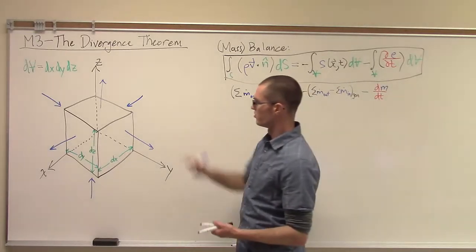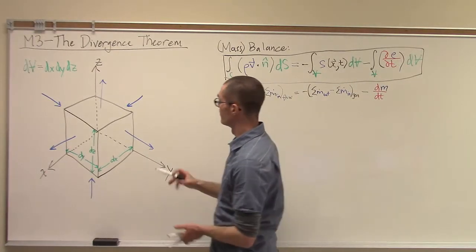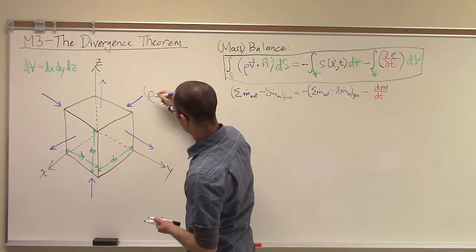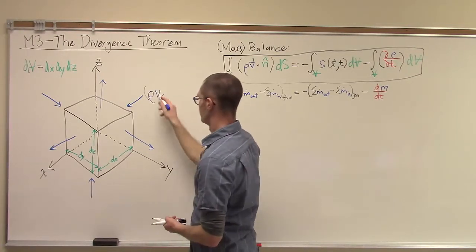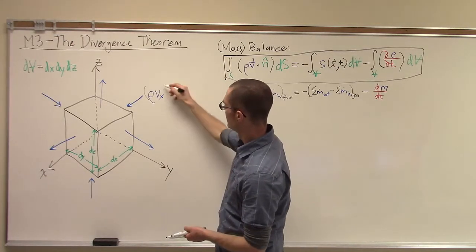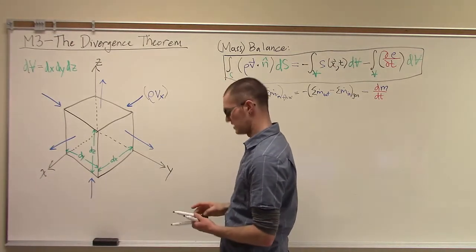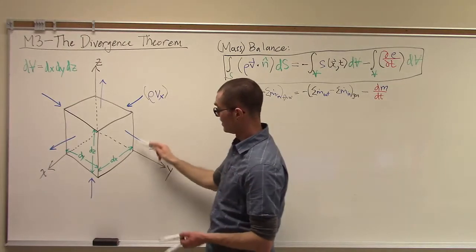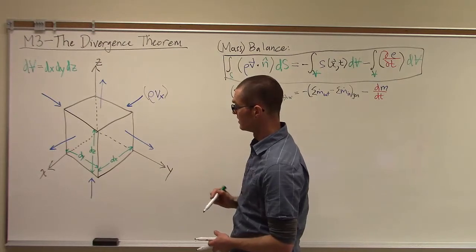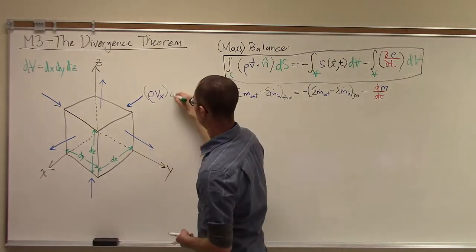Flowing in at some point over here, we have an amount rho vx, where this is the x component of the flow velocity, and again rho is the concentration at a point, and then the area of this face of the unit volume is dy times dz.